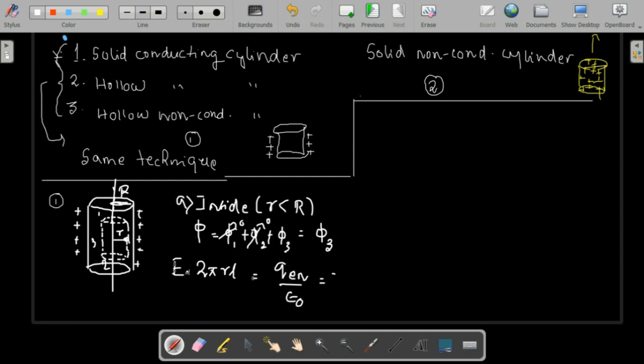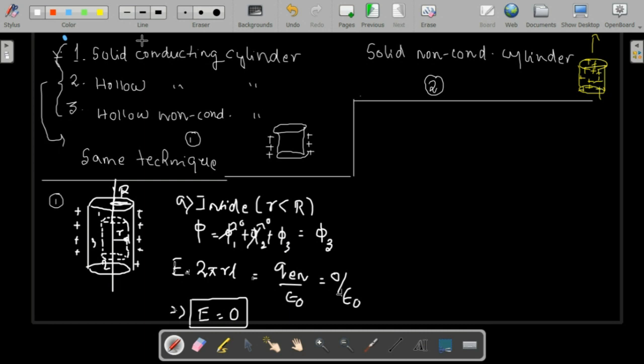So this is 0 by epsilon naught, which simply means the electric field inside is always 0. There is a very common question: if you consider a conducting sphere or cylinder, what is the electric field inside? The answer is always 0, and this is how we prove it.